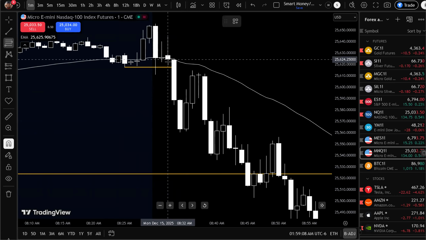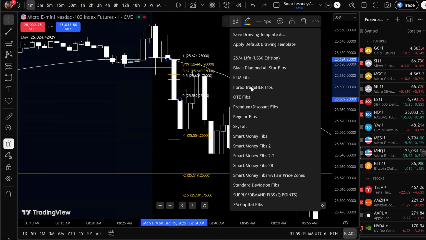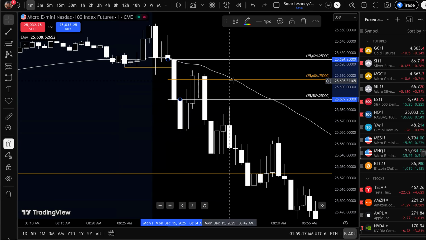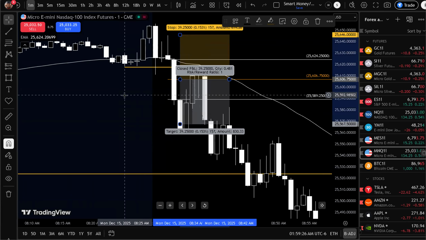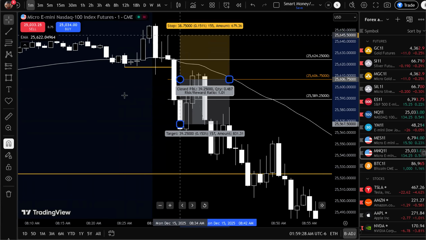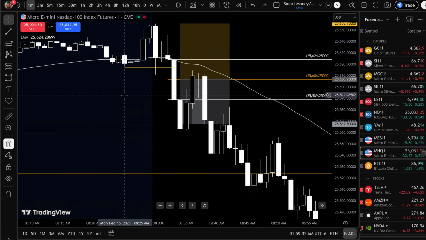Let me switch this around a little bit. Use the premium and discount. See 50%. So let's say you enter at 50% of your fair value. You put your stop loss at the top right here, top of your smaller time frame range.